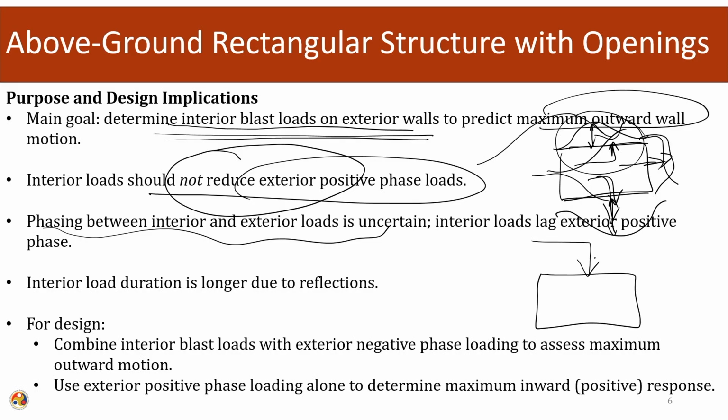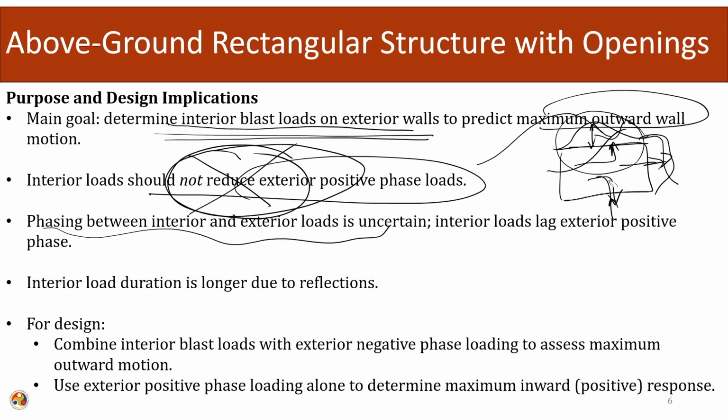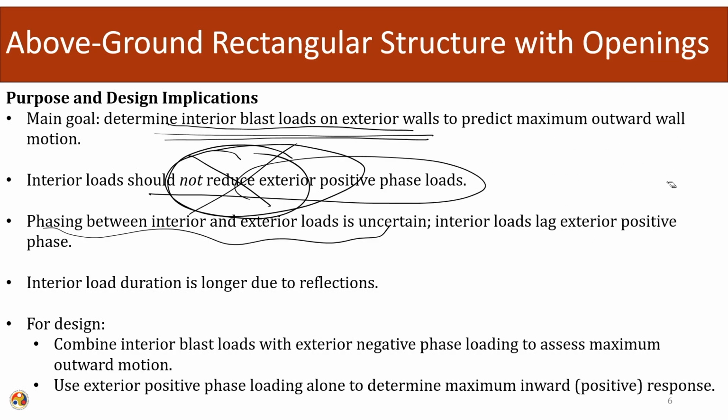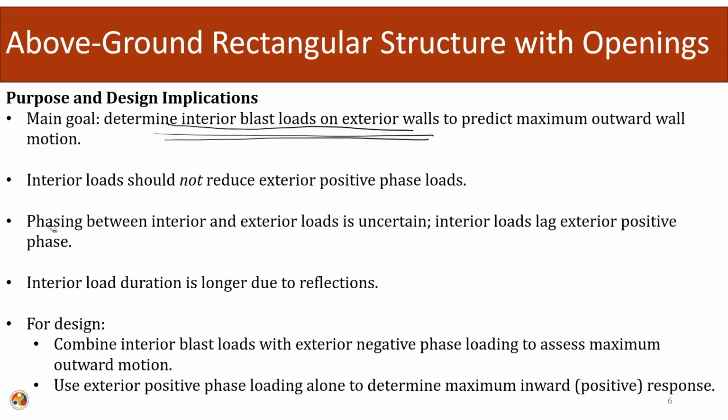In static cases, the exterior loading acts like this, the interior loading acts like this, and they can have a reducing effect. But here, the time at which the interior loading acts and the time at which the exterior loading acts is highly uncertain. So, there is a high chance that they are not going to cancel out or reduce the effect. That is why this is not allowed in the analysis. We cannot reduce the equivalent or final load by taking into account the difference between the interior and the exterior loading.